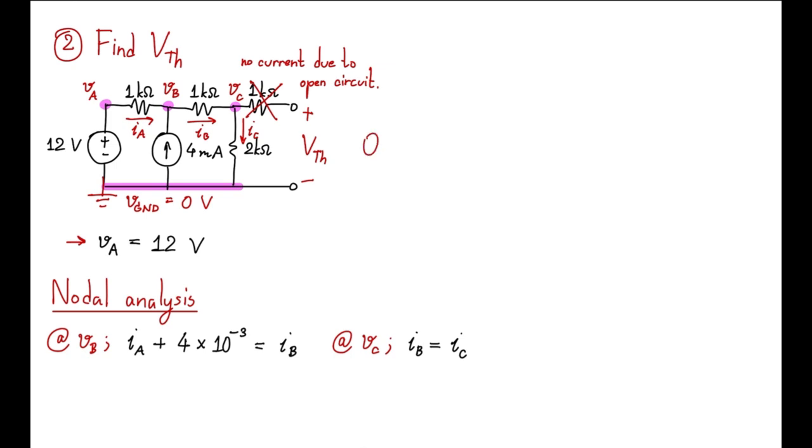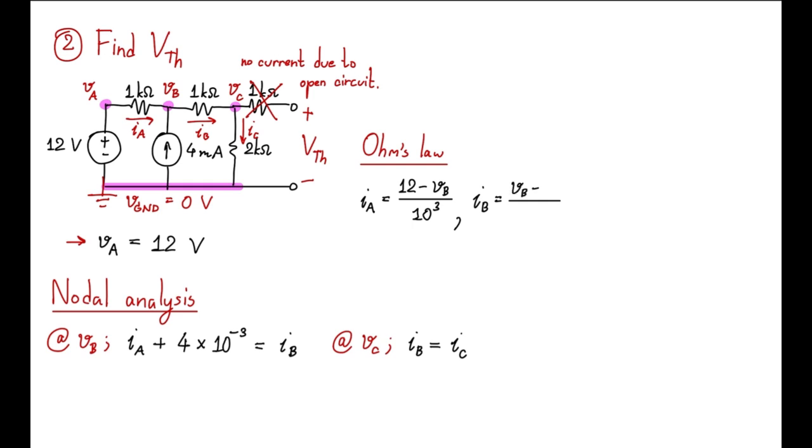Then, using Ohm's law, we can describe each unknown current in terms of voltage and resistance. IA travels from node A to node B, over the 1 kΩ resistor. Therefore IA is equal to VA, which is 12 volts, minus VB, over 1 kΩ, or 10 to the power of 3. IB travels from node B to node C, over the 1 kΩ resistor.